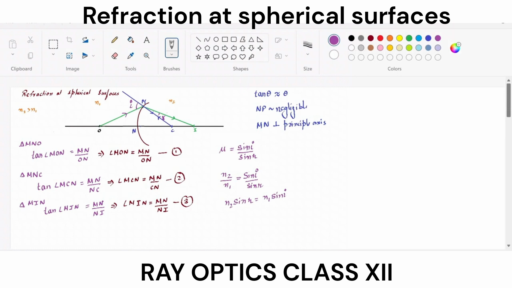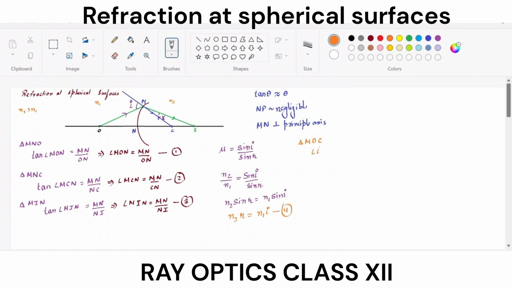Once you have that, let's apply the small angle approximation for sine also. So this will be n2 r equal to n1 i. Equation number 4. Let's move ahead. Now, if I take the triangle MOC, I hope you can locate it.